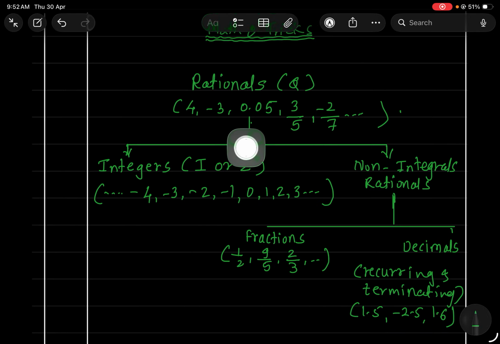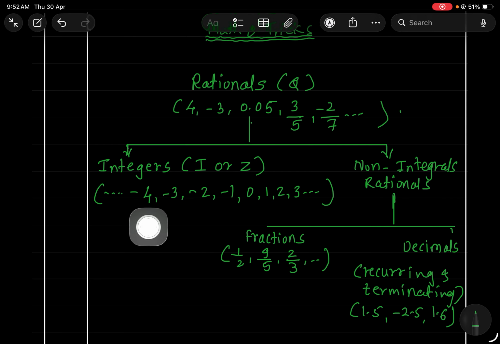Now in rational numbers, see integers. Integers are denoted by I or Z. Then another one is the non-integral rationals. Integers means what? Here are the negative numbers. See, the starting is given and the dots are given, which means many numbers are there before that, infinitely many.